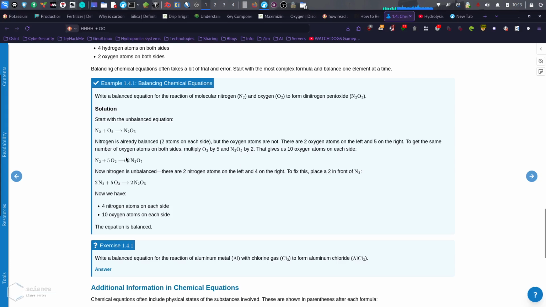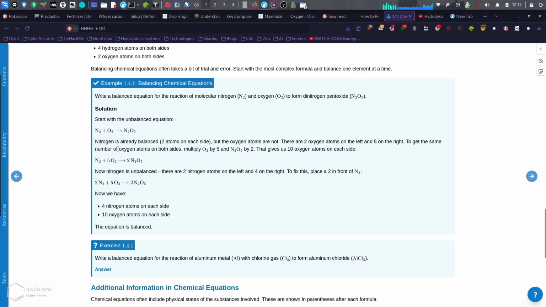5 multiplied by 2 gives 10 oxygens. To get the same number means a balanced equation.